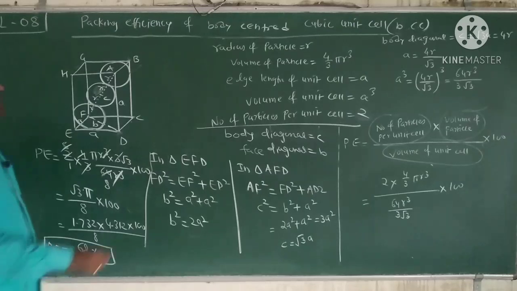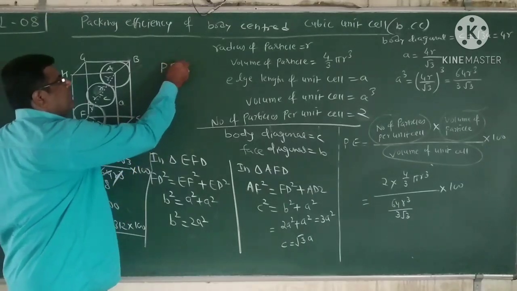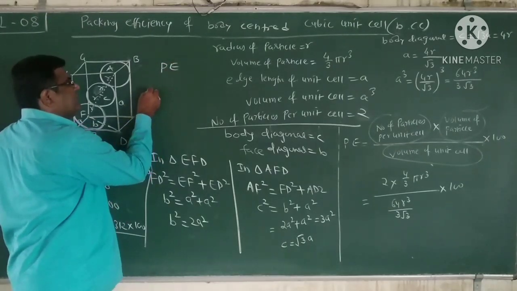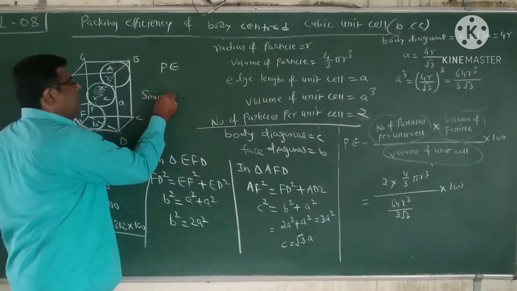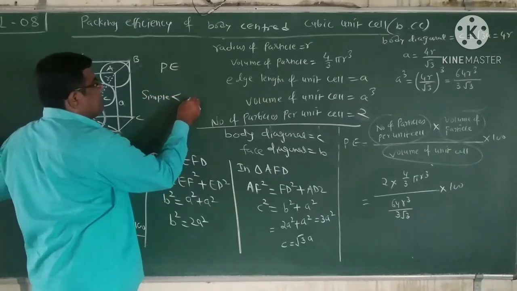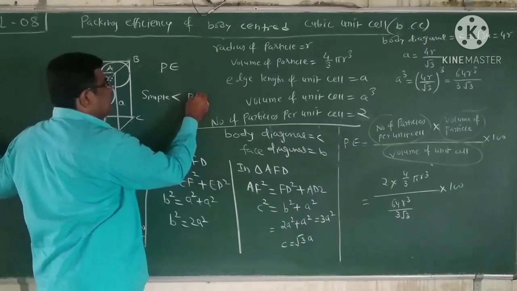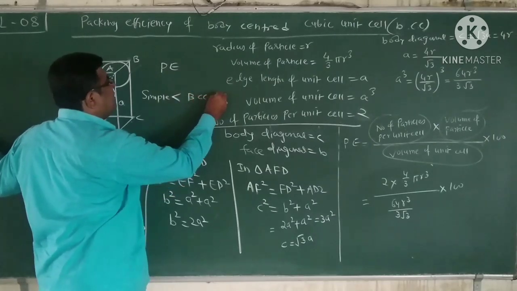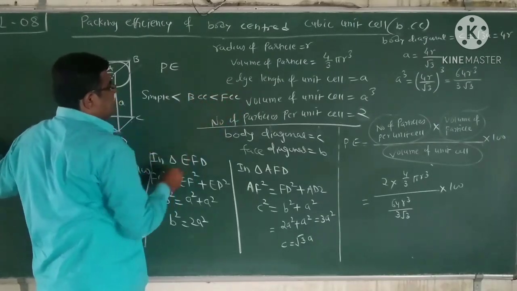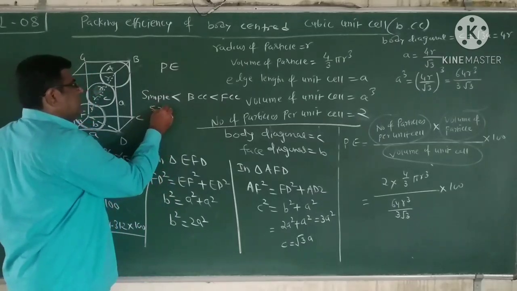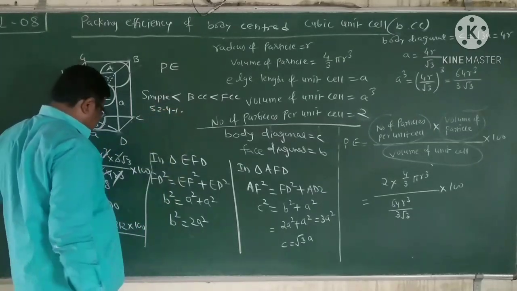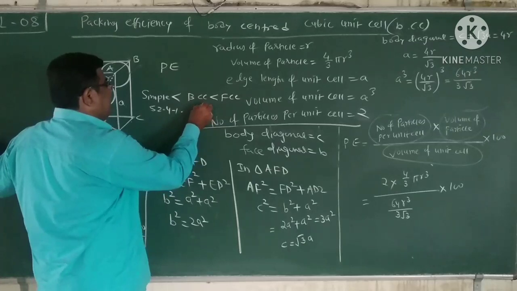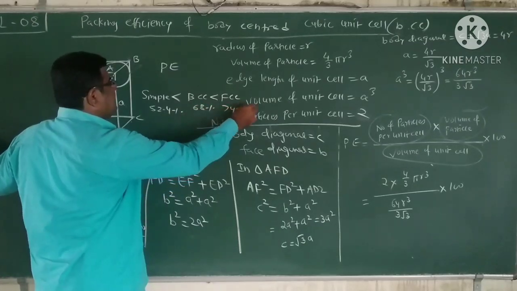So packing efficiency wise, which is more efficient? Simple is less efficient than BCC, BCC is less efficient than FCC, because this is 52.4%, BCC is 68%, and this is 74%.